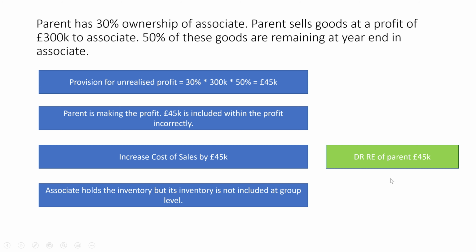Now the associate holds the inventory, but we don't see the inventory at group level because we don't add the assets and liabilities together. The only item on the balance sheet that relates to the associate is the investment in associate. So we just credit investment in associate by 45k. So these are the only adjustments we make.